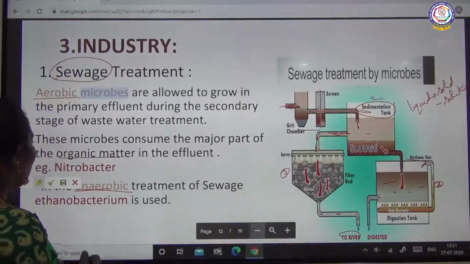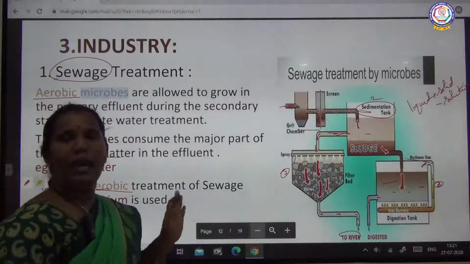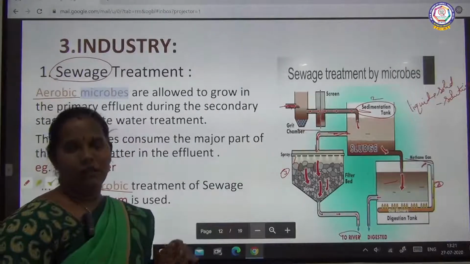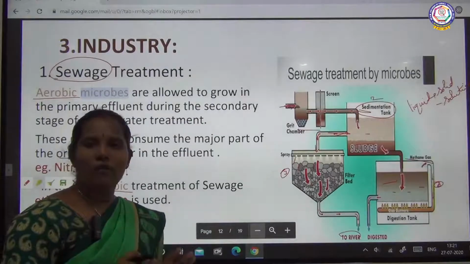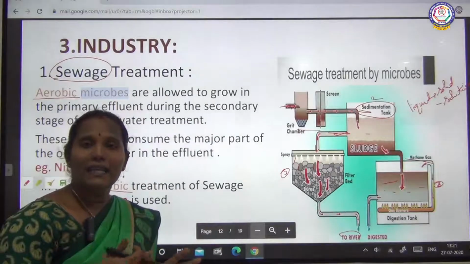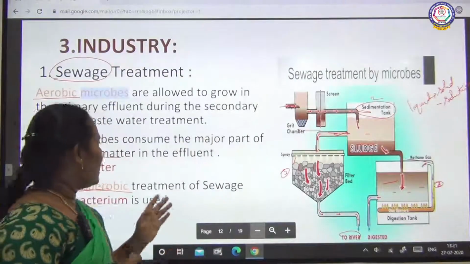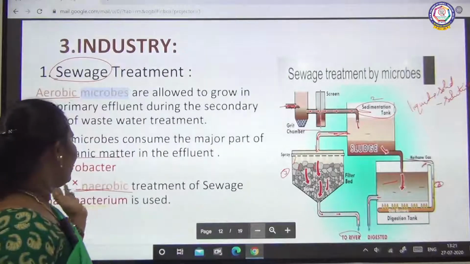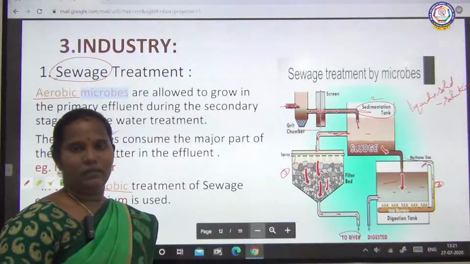Then Methanobacterium is used for anaerobic respiration. So this is the sewage treatment. Sewage treatment means wastewater treatment. Wastewaters are recycled with the help of microbes. Examples of microbes are Nitrobacter and Methanobacterium. This is called sewage treatment. Isn't it?